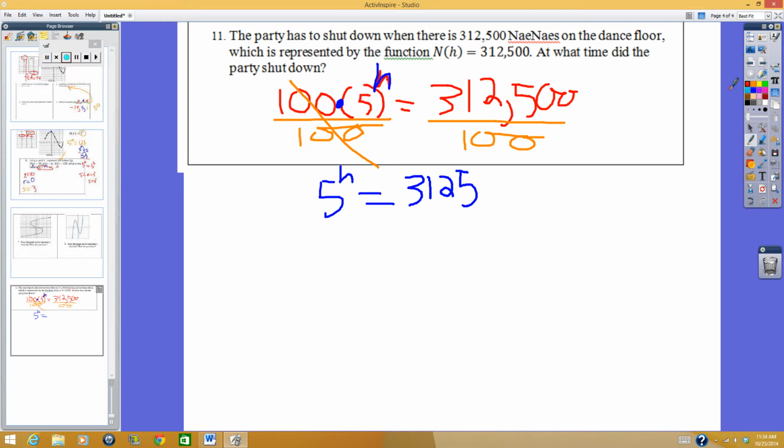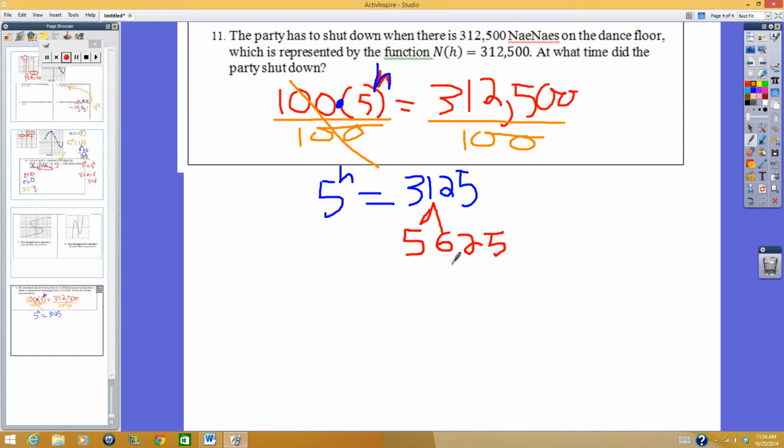3,125. Now, you're going to have to break it down with this base of 5 in order to get that exponent. Okay? We want both sides to have the same base. So, we're going to break it down with the 5. That's going to give you 625.